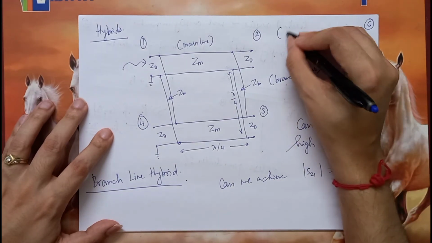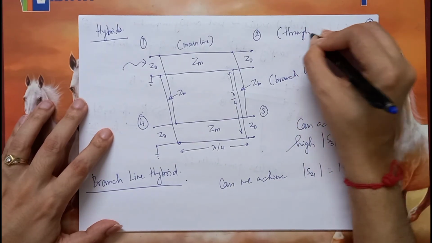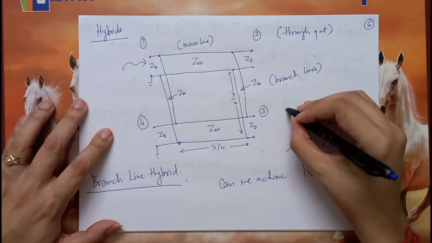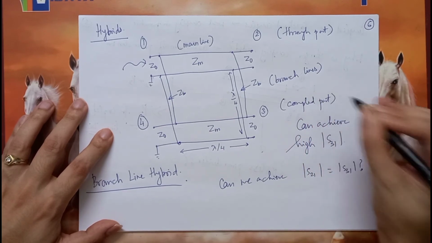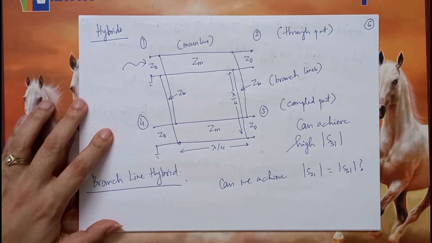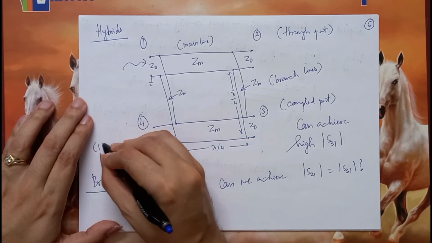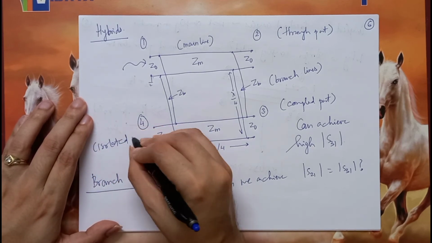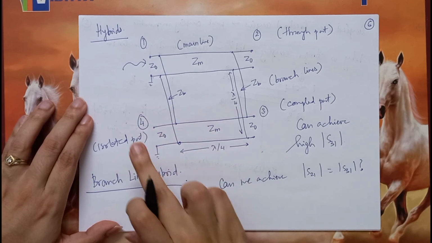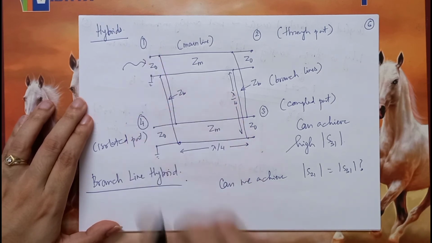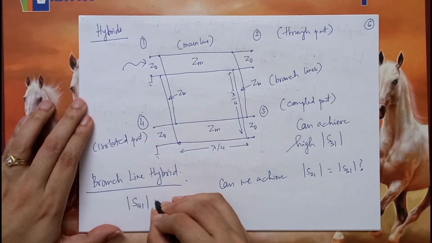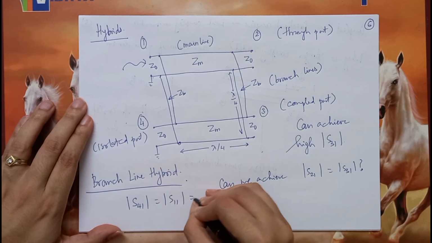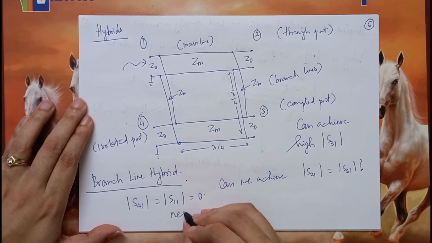We again call port 2 as a through port, port 3 as the coupled port, although there is no actual coupling that's happening, and port 4 is the isolated port. So for the isolated port with respect to port 1, there should be no power over here. So therefore, if port 1 is also matched, then this is needed.